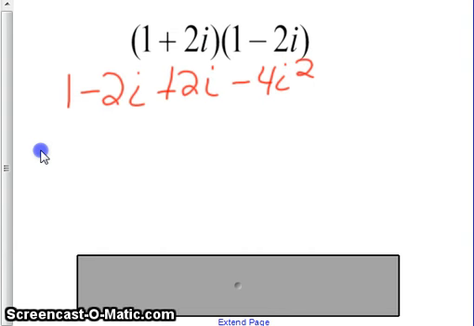Alright, negative 4 times negative 1 is positive 4. Are you with me? Yeah. Positive 4 plus 1 is 5. Negative 2i and positive 2i cancel. So that's the answer. That's your answer, positive 5. Teamwork.